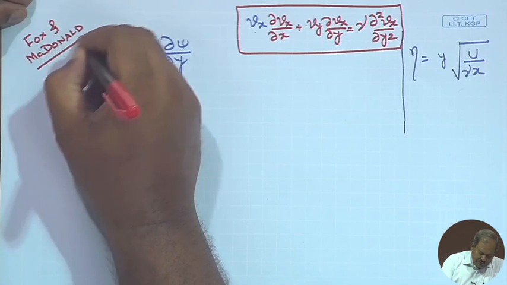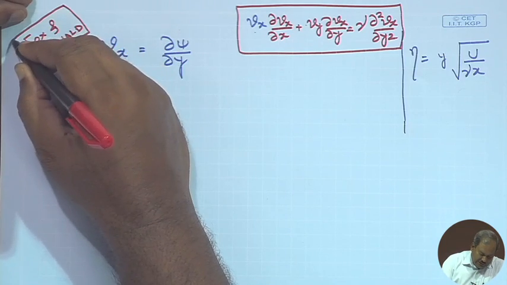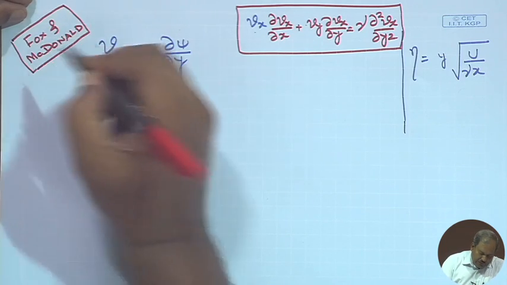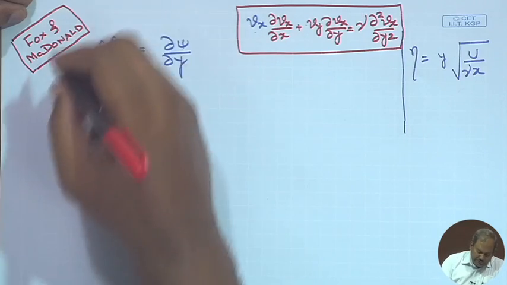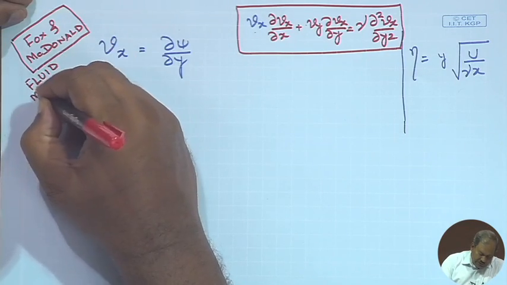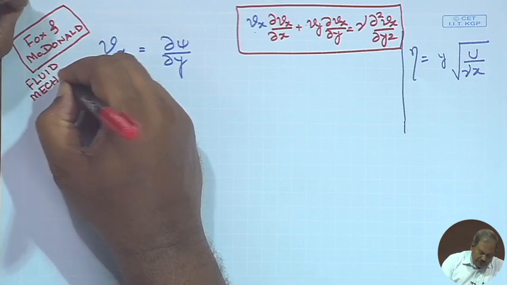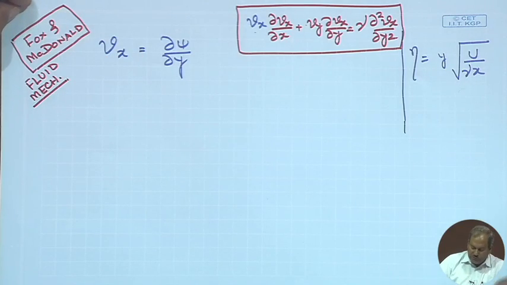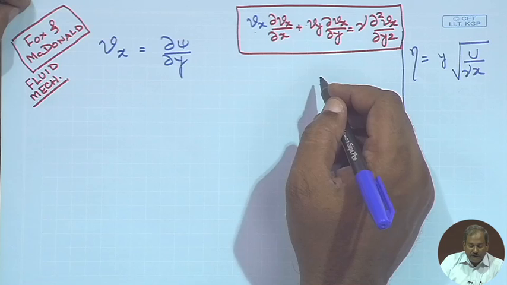In the book by Fox and MacDonald, Fluid Mechanics, which is one of the textbooks for this course, the complete derivation with all its particulars would be clear to all of you.